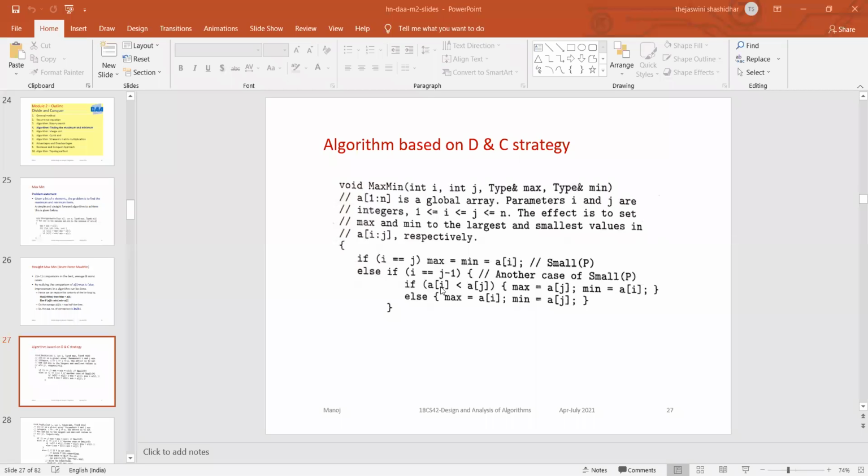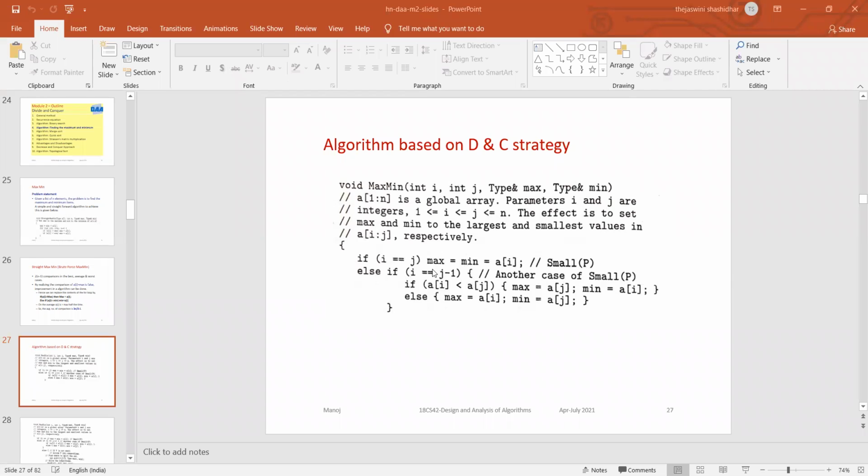That means the first element is lesser than the second element. So min is equal to A of I, max is equal to A of J. Else, that means the first element is greater than A of J, so min is equal to A of J, max is equal to A of I. Understood?